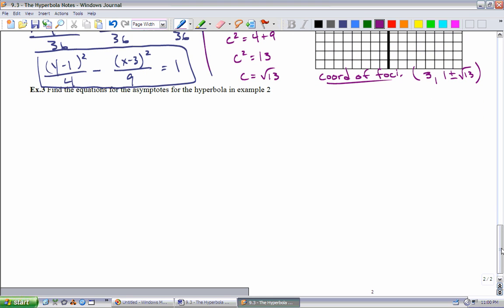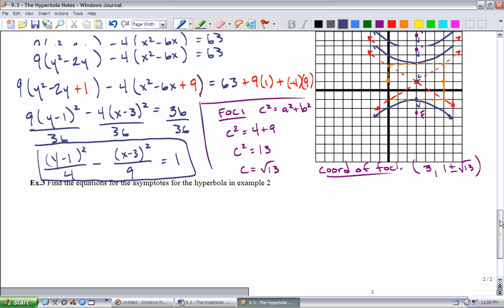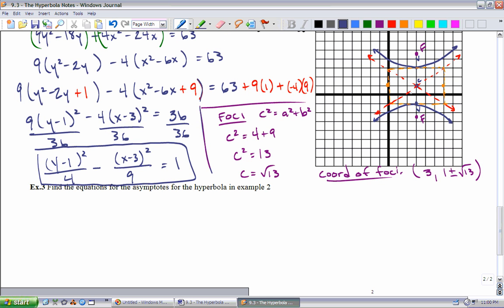Okay, find the equations for the asymptotes in example 2. Alright, good problem here. Look, first off, we should be able to just look at this and tell. Our slopes should be plus or minus b over a, or 9 over 4.